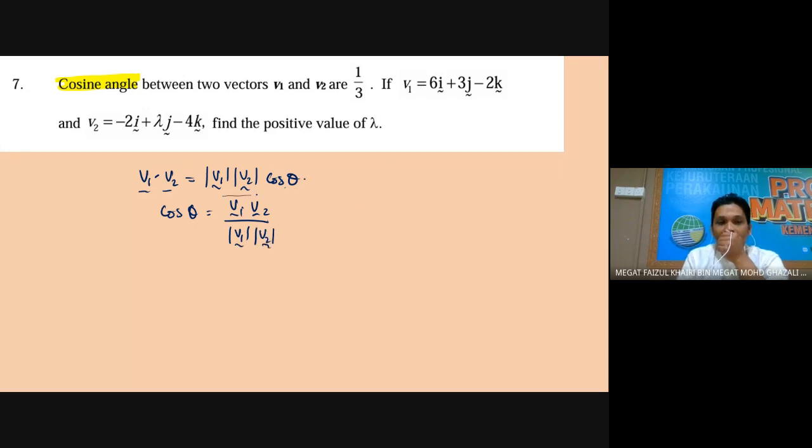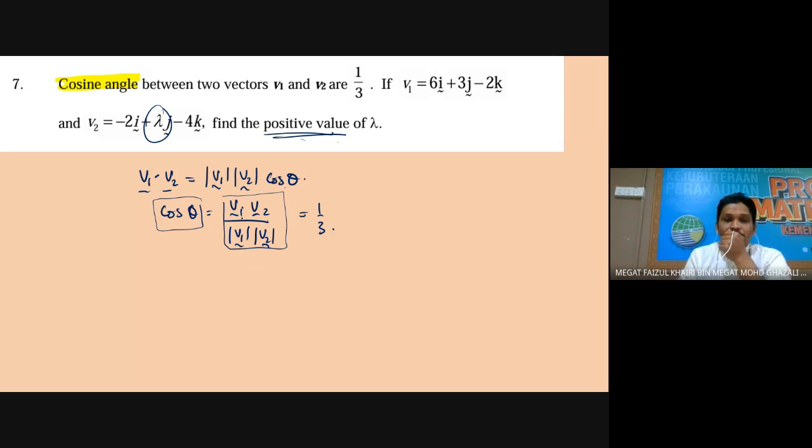Okay, and cos theta equals 1 over 3. So now we are going to find out the value of positive lambda according to the question here.